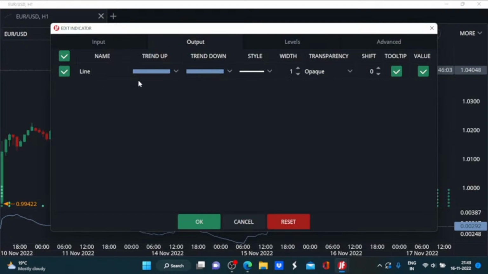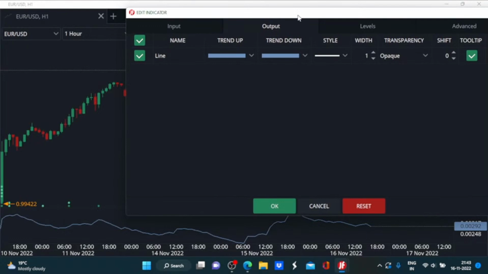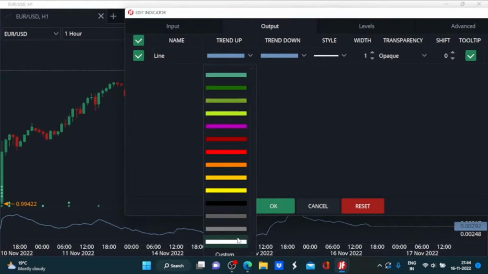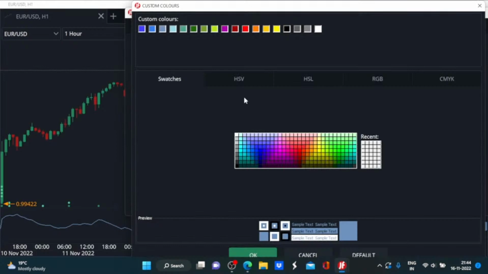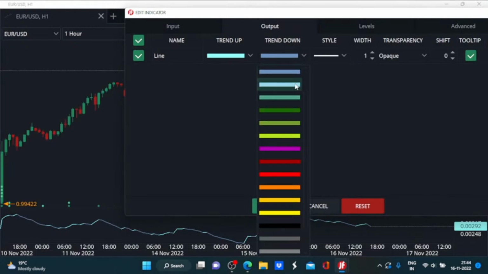Coming to the color combination of this output line, you can vary these output lines' color as per your aesthetics. We have these custom color combinations as well. So let us try out a new color combination for today's ATR output.